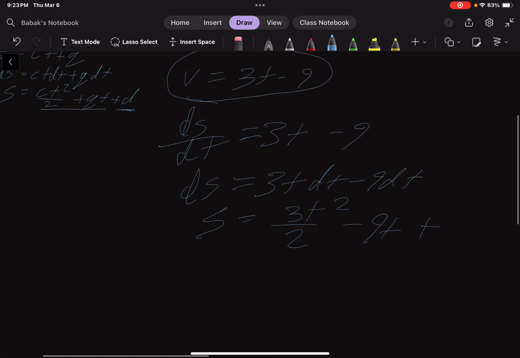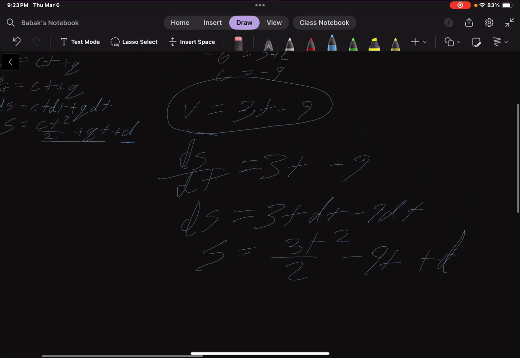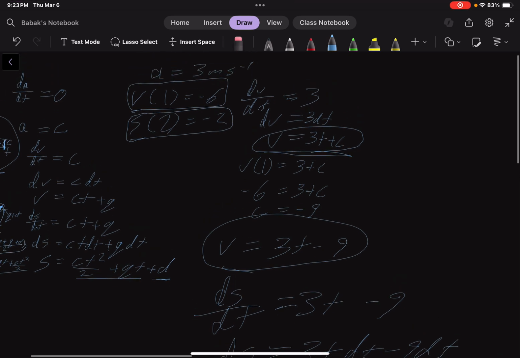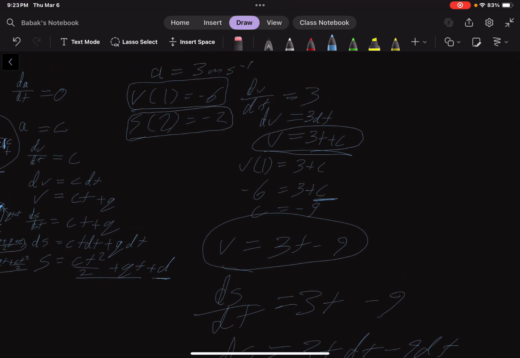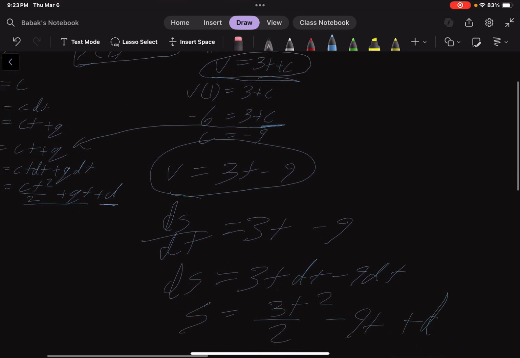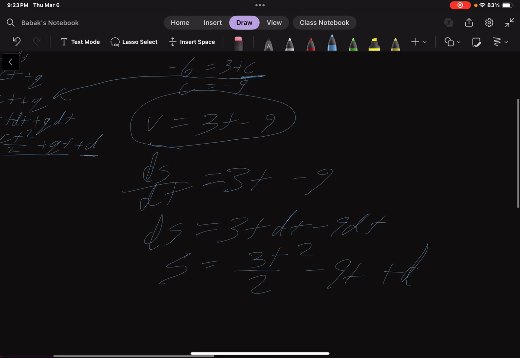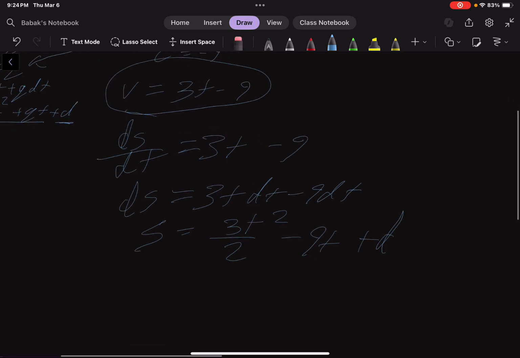Plus, let us call this d. Oh, and regarding my usage of c, this c used here should really be equated to the following q. However, I am more so used to using c. It is far more standard when integrating.